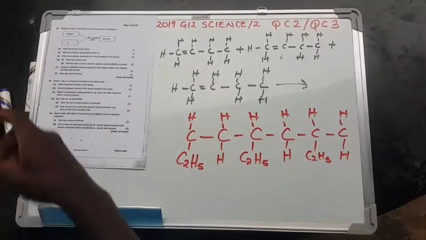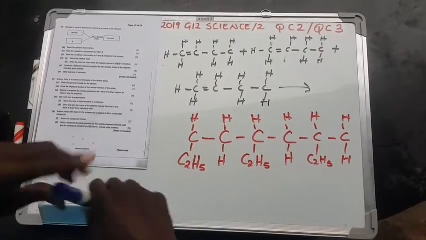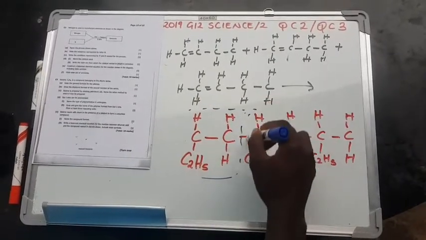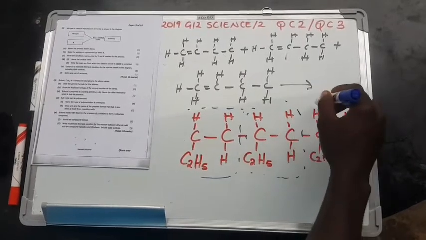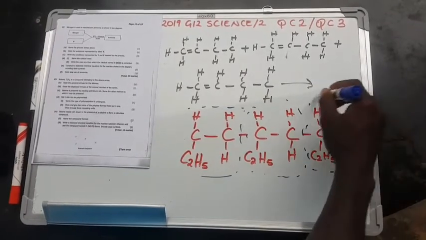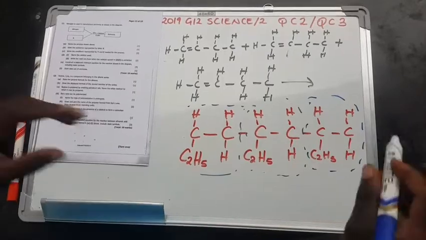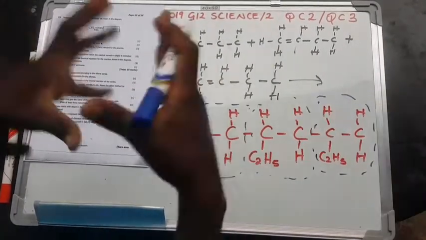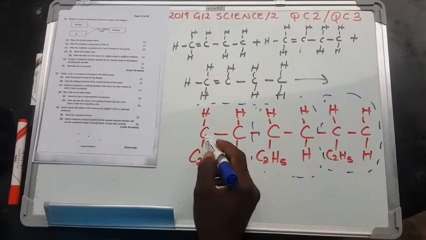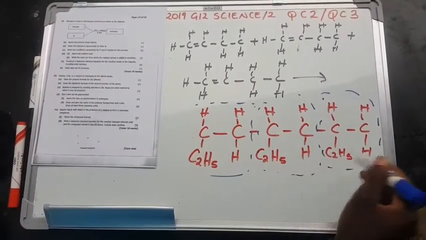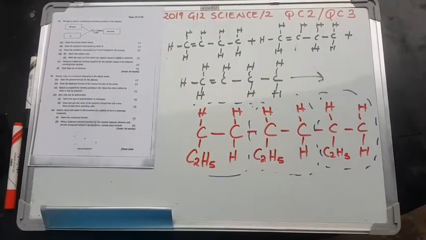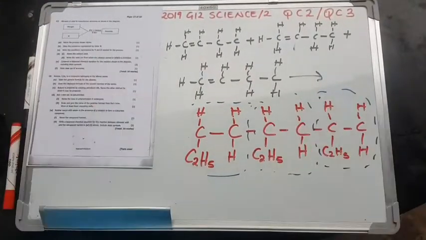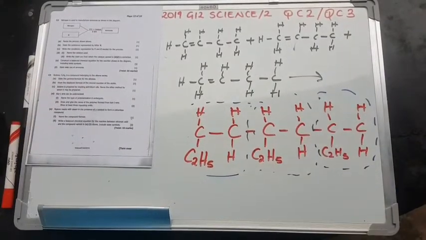So you've seen that we have exactly what we wanted: 3, 1, another one is there, another one is there. When you count together, it must give you the exact number of carbon atoms that were there. You are just joining them. So when you count, you've got 1, 2, 3, 4, 5, 6, 7, 8, 9, 10, 11, 12. So this is just a compressed structure of polybutene.